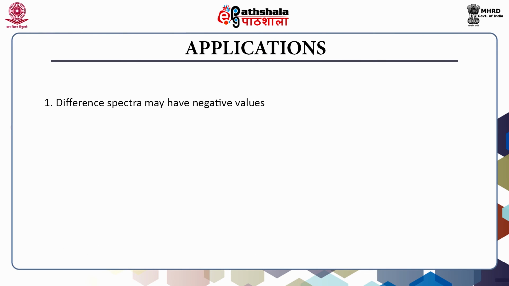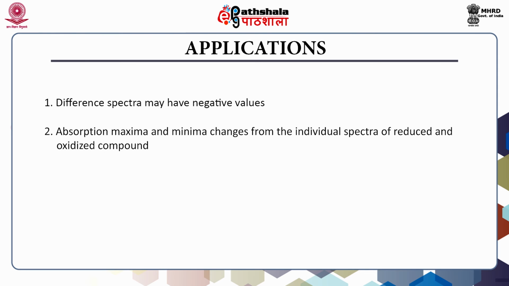Difference spectra may have negative values. The absorption maxima and minima are different from the individual spectra of the reduced and oxidized compound. Isosbestic points are also observed in the difference spectra where the absorbance values in the individual spectra are the same.